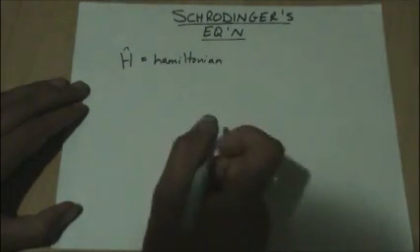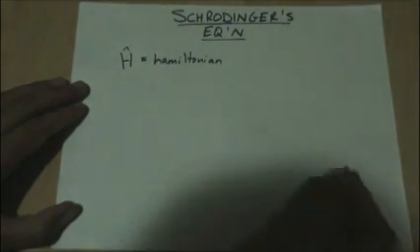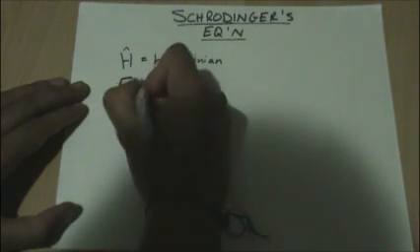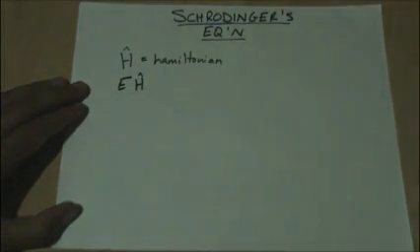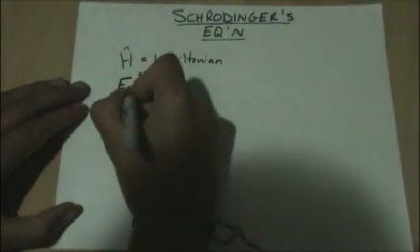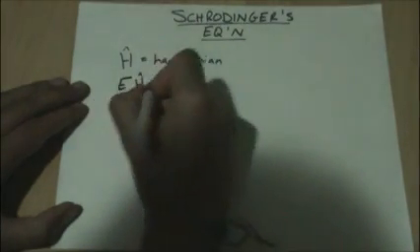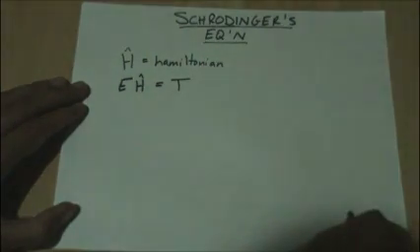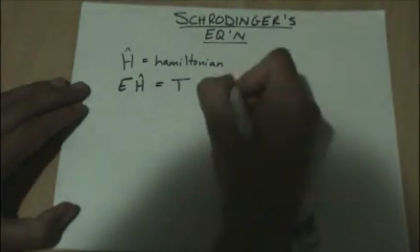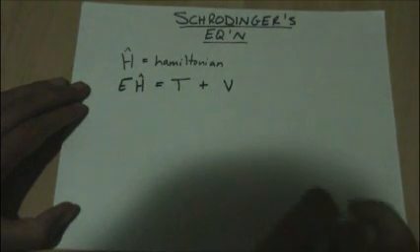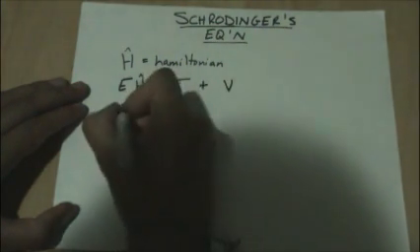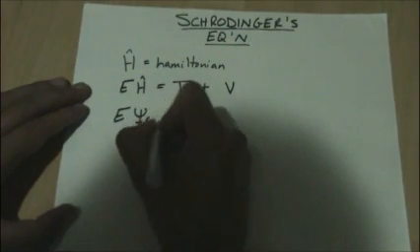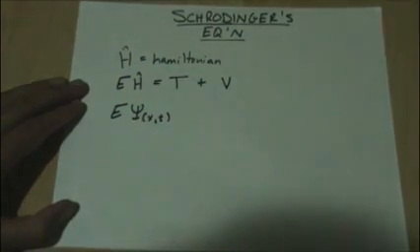When you apply it to something, all you do is take the wave function of it. So we're going to apply the Hamiltonian to our energy. Now that E is the total energy, and that is equal to your kinetic energy plus your potential energy. When you apply the Hamiltonian to it, you take the wave function psi of x comma t, with respect to position and time.